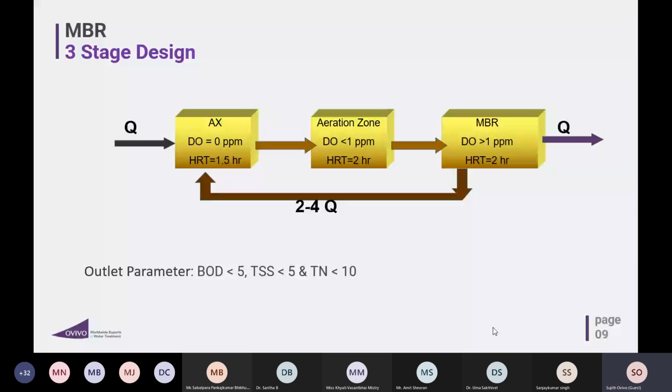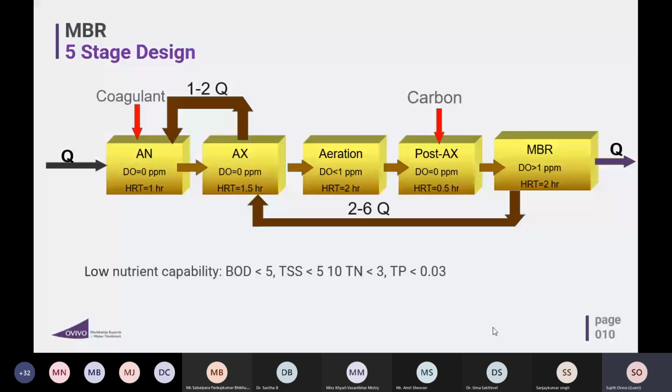And the third stage we have is the 5-stage design, where you have anaerobic at the inlet, where you also do the coagulation and flocculation. And there is a recycling happening also.